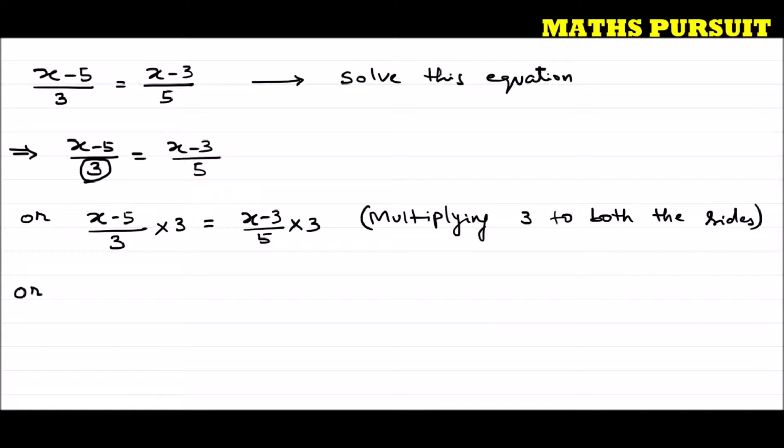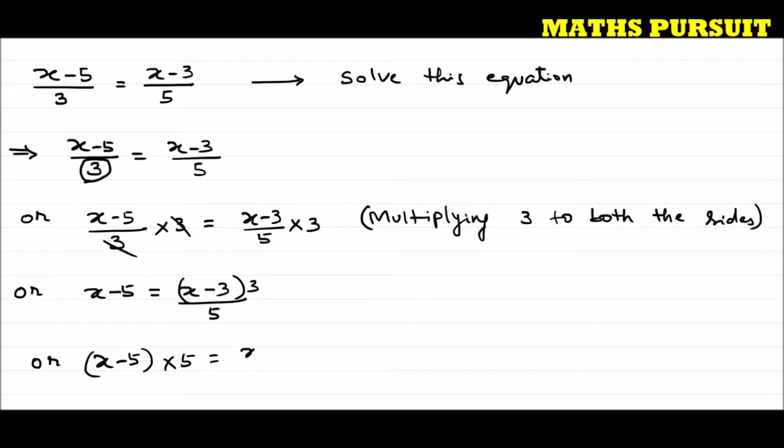Or I can write x minus 5, this 3 cancels out, is equal to (x minus 3) into 3 divided by 5. Or I can write (x minus 5) into 5 is equal to (x minus 3) into 3 divided by 5 into 5.